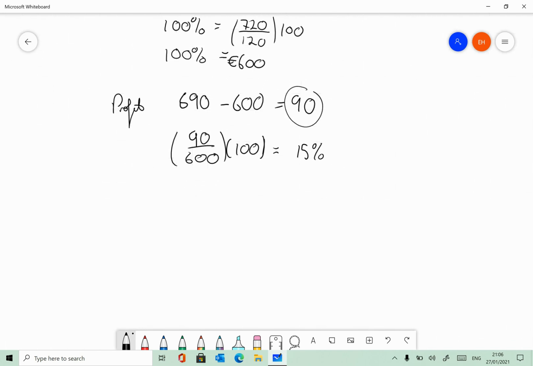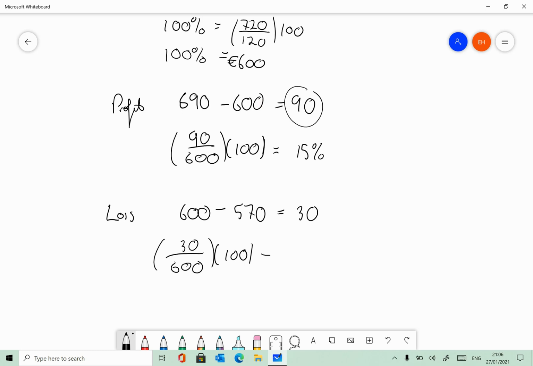Okay, so loss this time is equal to 600 minus 570, which is equal to 30. So it's a 30 euro loss. So it's 30 over 600 times 100. And that's going to be 5, is it?